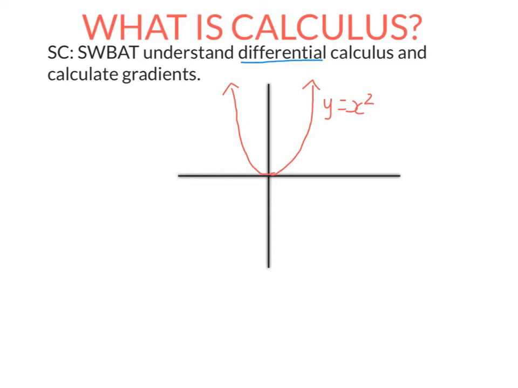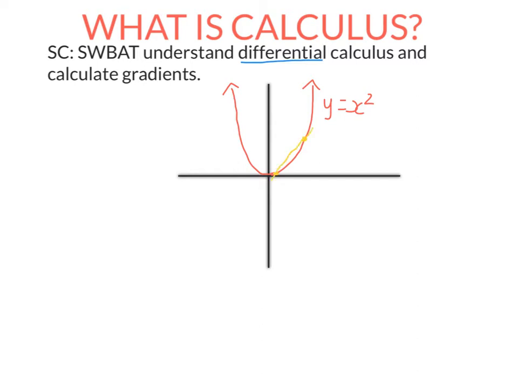So what if I wanted to calculate the gradient of this function? Well, we've seen before that I can pick 2 points on the curve and calculate the gradient of the secant between them. So let's say I'm going to look at this point here and this point here.